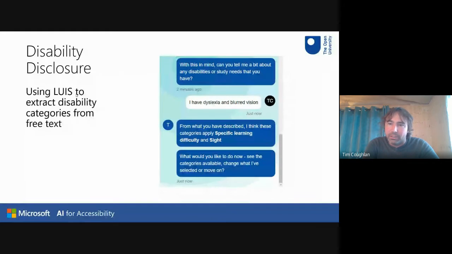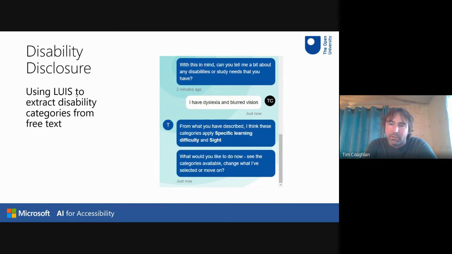One of the things we found really interesting was that people talk about their disabilities in very different ways, but what we need to do as a university is to align them to categories of disability. So, for example, the student might say, I have dyslexia and blurred vision, but in the category terms, that needs to be marked as specific learning difficulties, which includes dyslexia, and sight, which is the category for anything vision-based.